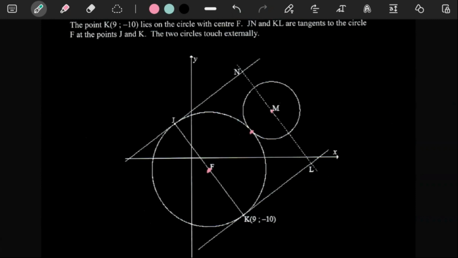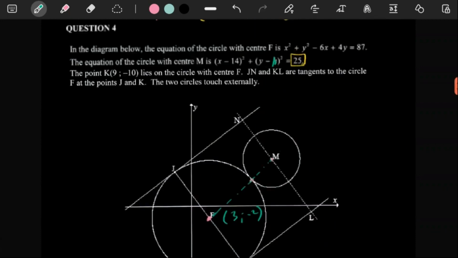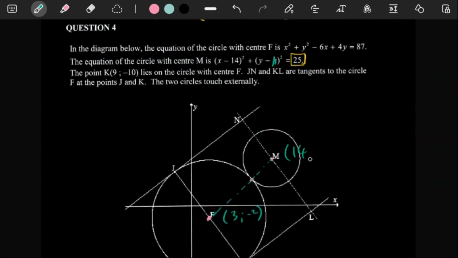Now, the fortunate thing is, where 2 circles touch, their centers will always be aligned. It's just how it is with the circle. Your centers would still be aligned. So what we now know is, firstly, what is the coordinate here? It's 3, -2. The one here, we know x value is 14, y value is h.